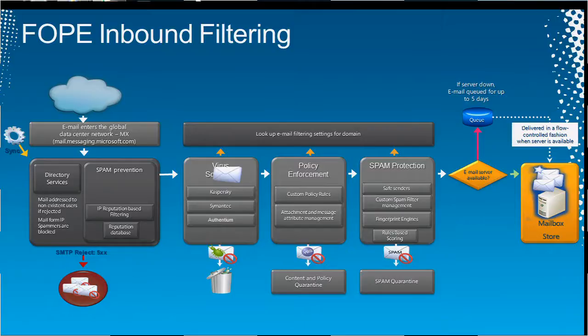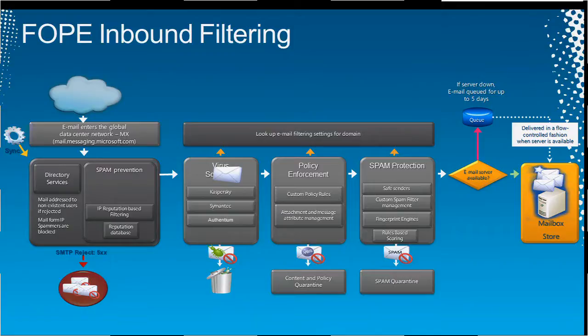In virus scanning, we have multiple engines which run on email, its content, and its attachments, and we look for known viruses. FOPI claims 100% detection of all known viruses, and this is achieved by passing every email via at least 3 engines. We have multiple engines, and we check those engines in and out of the system, depending on how they're performing.